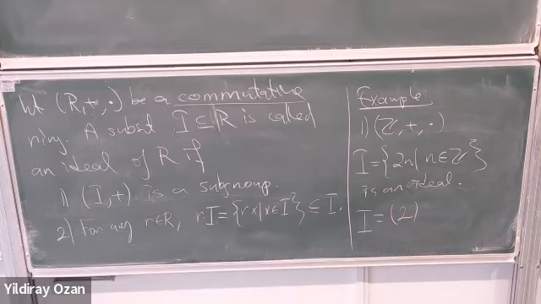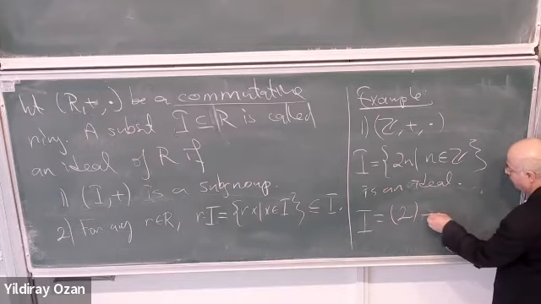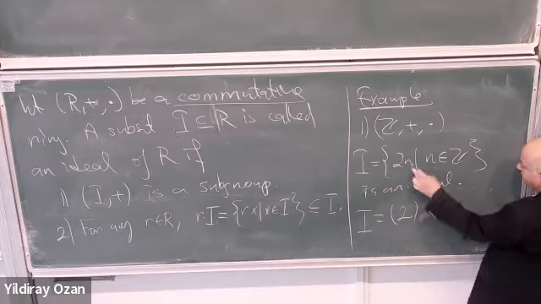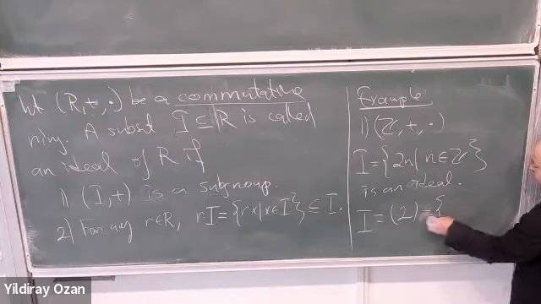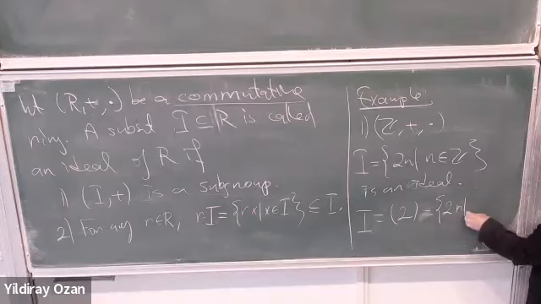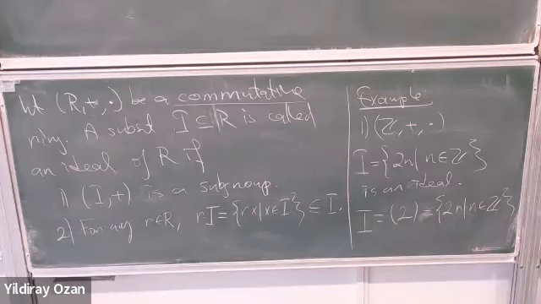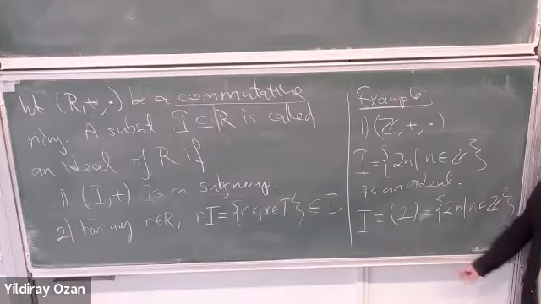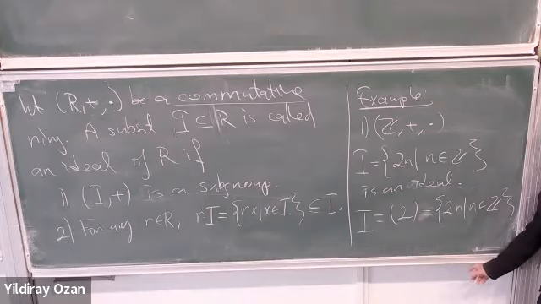So this is exactly this set. Short notation, 2 times n, n in Z. Such an ideal is called a principal ideal because it is generated by a single element.